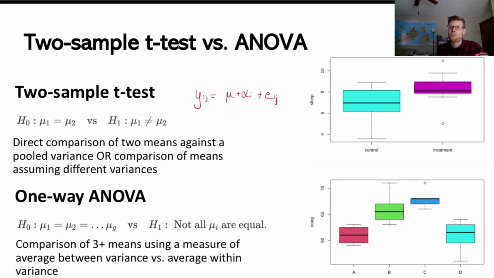So if I have 3 or more means, then a two-sample t-test is not going to work unless I'm just doing a bunch of separate two-sample t-tests. But then that gets me into some problems, because if I'm calculating, say, a p-value multiple times, which we'll talk about in a later video as well.